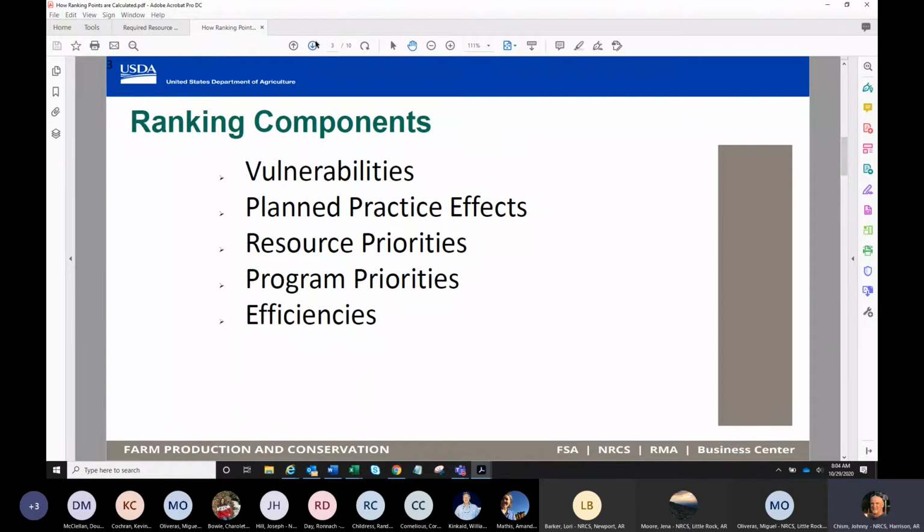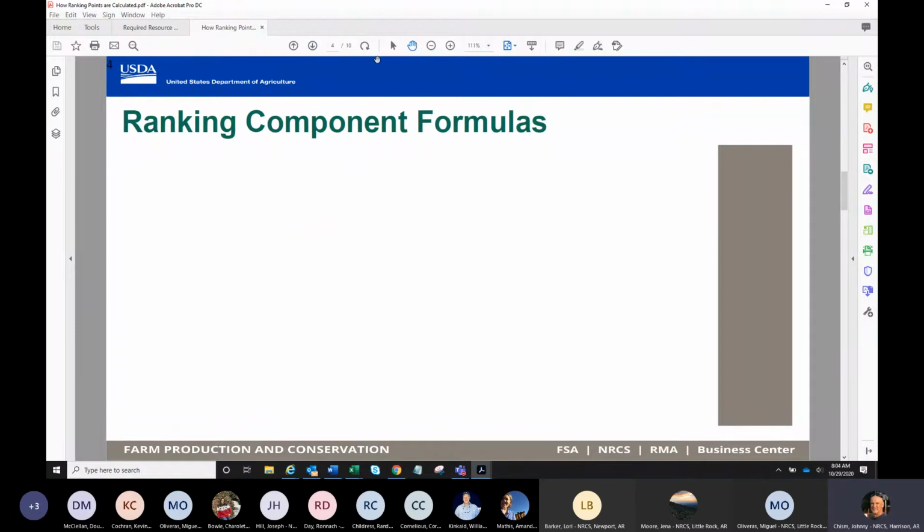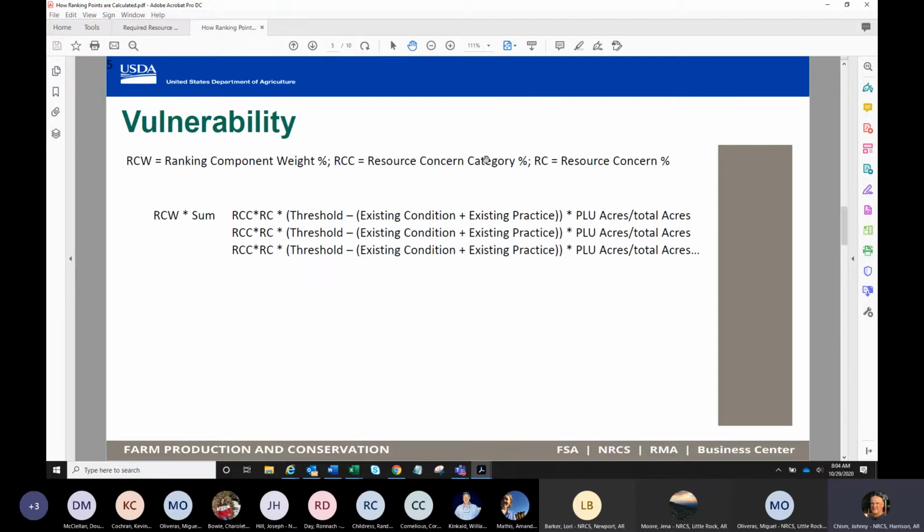Let's look a little bit at the formulas and how those are calculated. It'll help you to understand how those come about. If we look first at the vulnerability, we see we have a ranking component weight percentage, a resource concern category percentage, and a resource concern percentage.